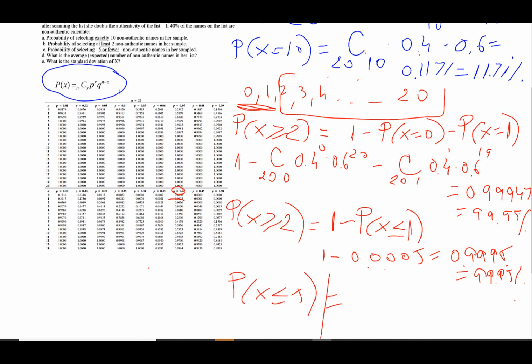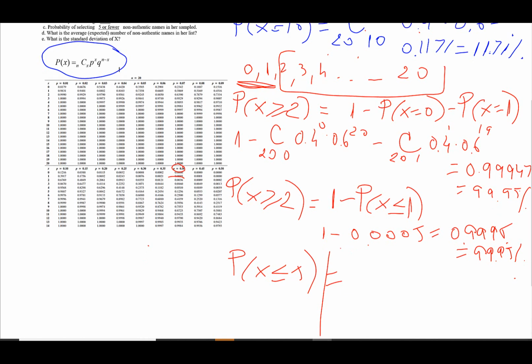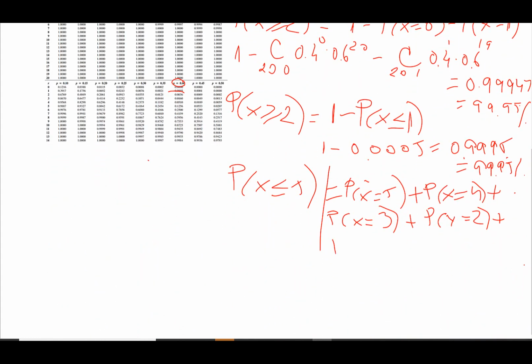That one would be the probability of having x equal to 5, probability x equal 4, probability x equal 3, and so on, plus the probability when x is 1, plus, don't forget, the probability when x is 0.